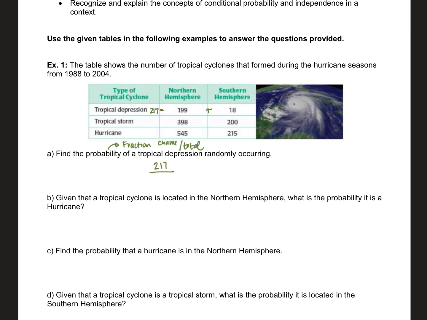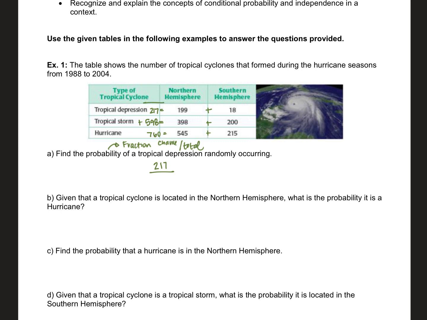And then total. Our total comes from all of the storms. To do that quickly, I could add straight across, adding the hemispheres together. For the tropical storms, 398 plus 200 is 598. For the hurricanes, 545 plus 215 gives us 760. Then all I need to do is add up all these totals.